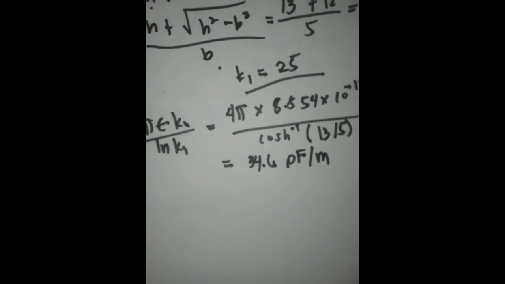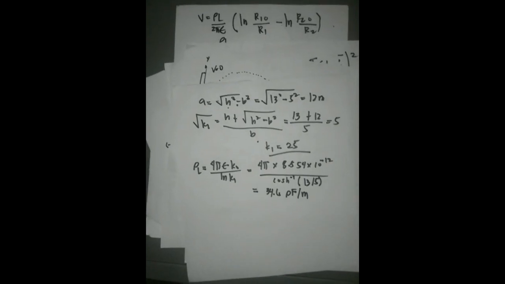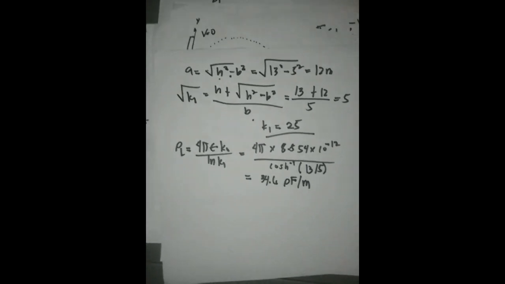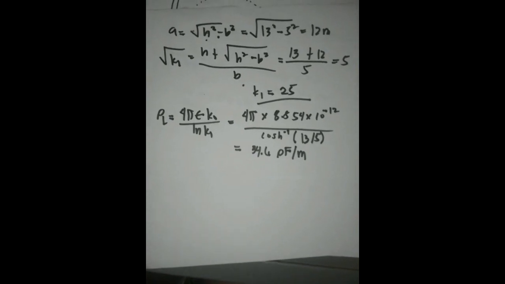We may also identify the cylinder representing the 50-volt equipotential surface by finding new values for k1, h, and b.